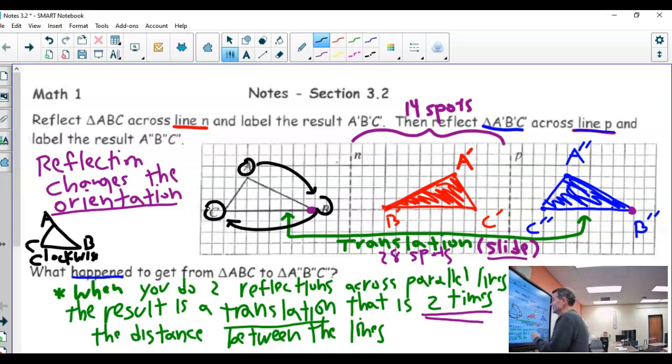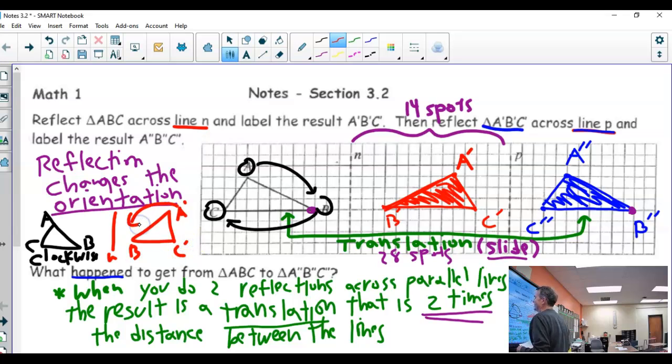But then I reflected it across line N, and I got this red triangle. And the red triangle has the ABC going the opposite direction, right? From A to B is going counterclockwise. So that is what it means by the orientation has changed.